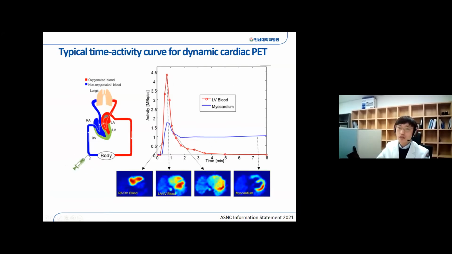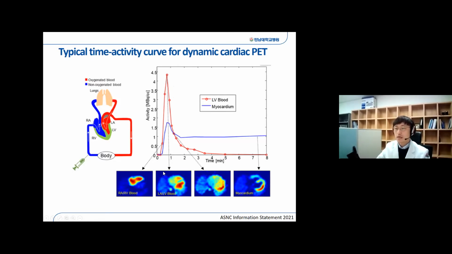When we inject the radiotracer into the peripheral veins, we get the right heart blood pool images first, because it circulates to reach the right heart first, goes to the pulmonary circulation and returns to the left heart, and then goes to the aortic sinus where the coronary arteries are located, and the radiotracers travel across the coronaries and get into the myocardium and are metabolically trapped in the case of N13 ammonia or other mitochondrial tracers.